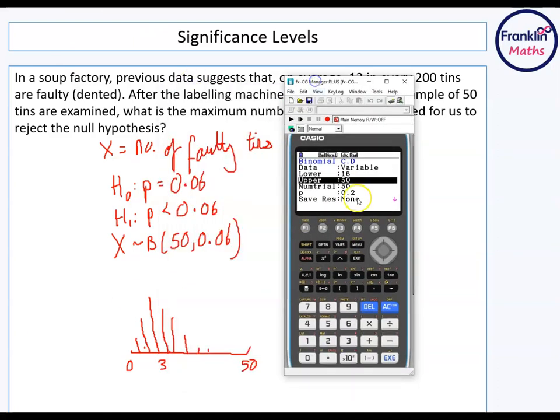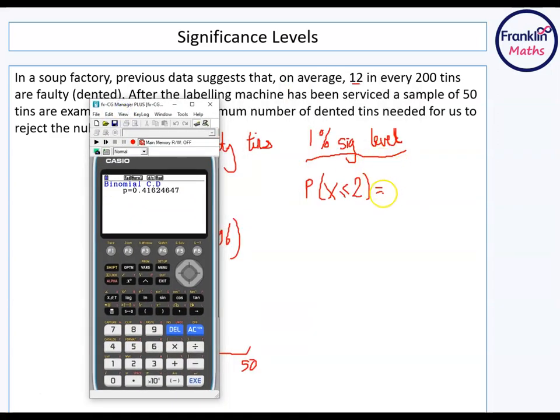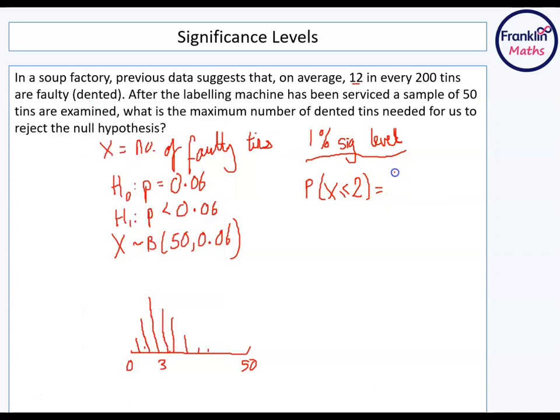So we've got a lower value of 0, upper value of 2, 50 trials, and 0.06. So yeah, it's quite a high percentage, that one. So 41.6%.